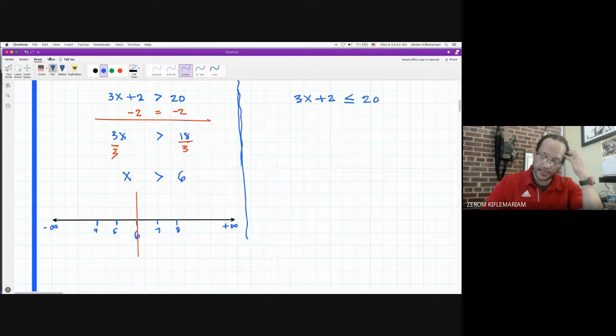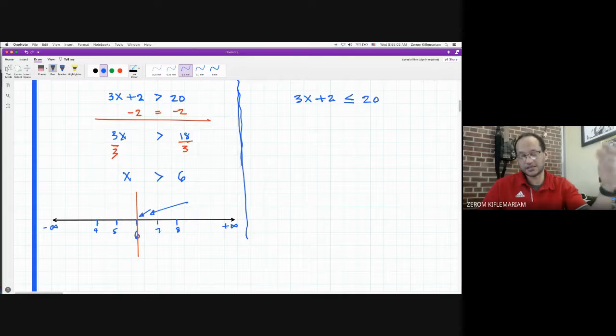Meaning, if I say right here, let's go ahead and say 6.5, it's still greater than 6. If I get closer, 6.1 is greater than 6. 6.01 is greater than 6. 6.00001 is greater than 6. So any number that is greater than 6 is acceptable. If I plug in any number on the right side of 6, it would be okay.